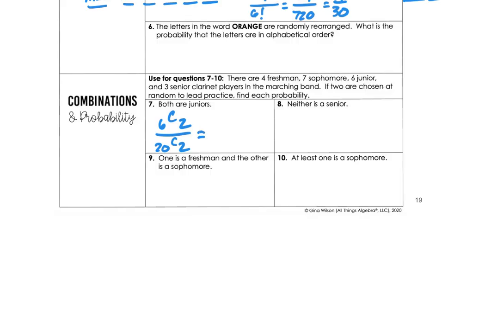And we get 15 over 190. And then always reduce. And that would be 3 out of 38.